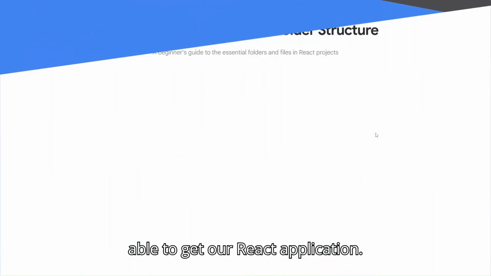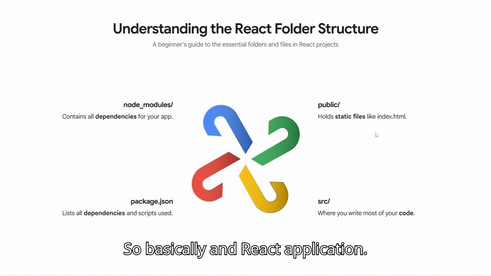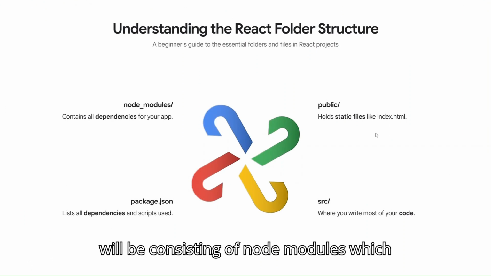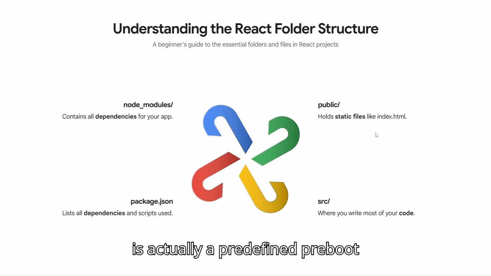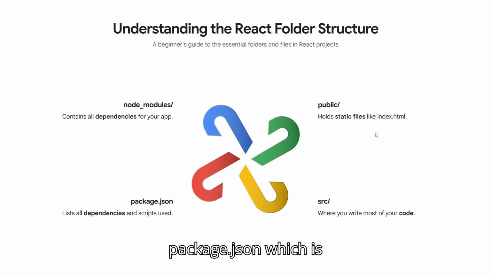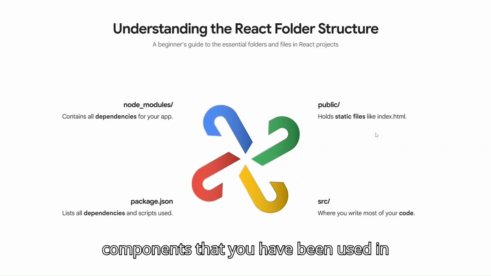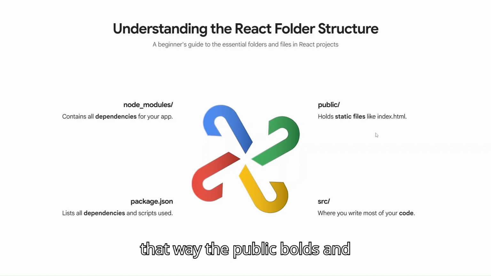We get our React application. A React application consists of node modules, which are predefined, pre-built components known as the dependencies of your app, and package.json, which is a list of the languages and components you have used.